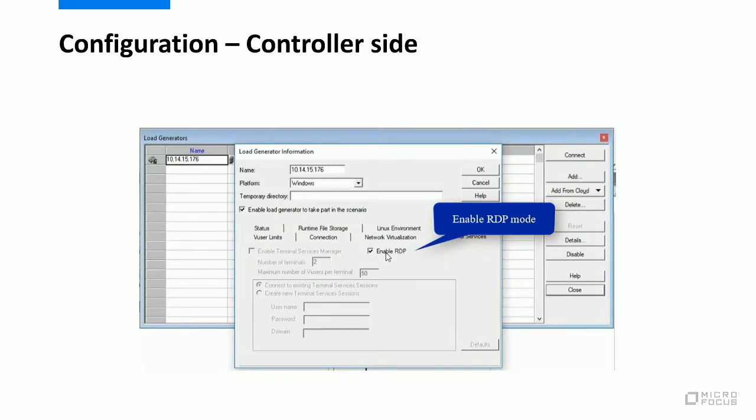On the controller side, inside the load generators page, in the Terminal Services tab, you will see a new checkbox called Enable RDP. If you tick this checkbox, you will enable the new RDP feature for this particular LG.